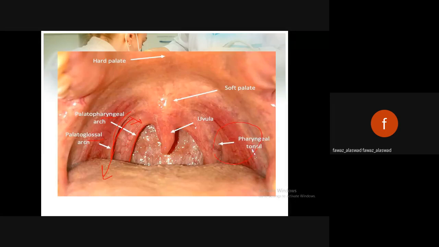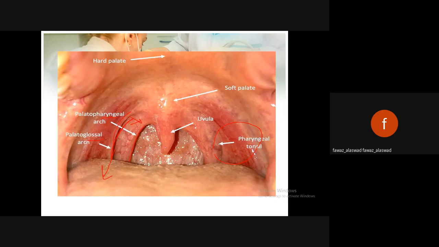How could we examine the tonsils? Of course, the dentist sometimes needs to examine the tonsils. It's not his job, but generally speaking, the tonsils are examined using direct visualization, and here we could demonstrate the presence of lobular or coral appearance.